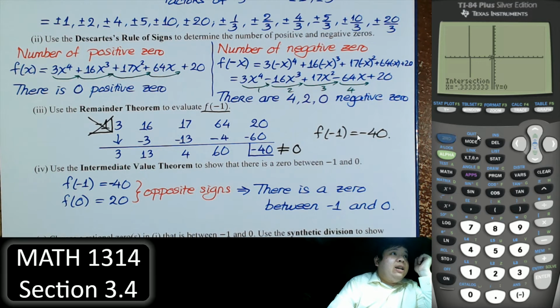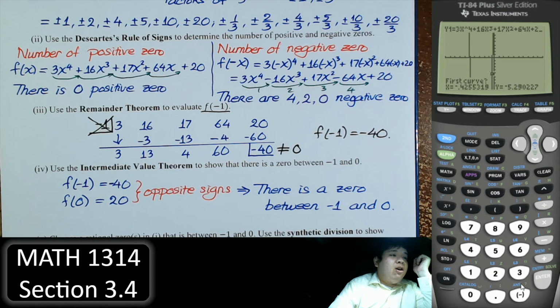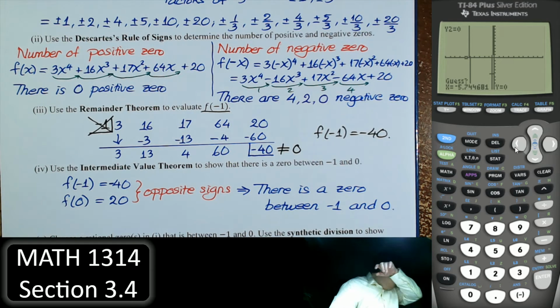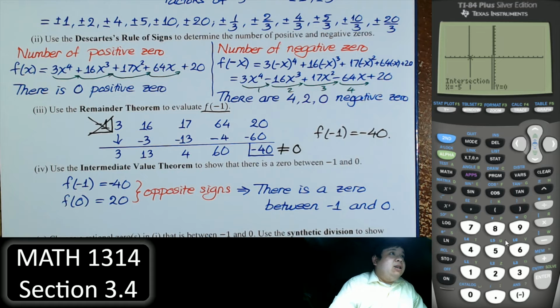Let's do that again. The first curve is that function. The second curve is the x-axis. Now when we guess, move close to the point and hit enter. So -5 indeed is a zero.